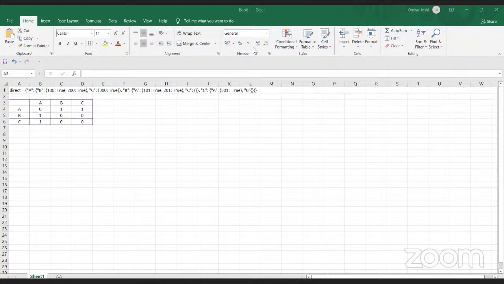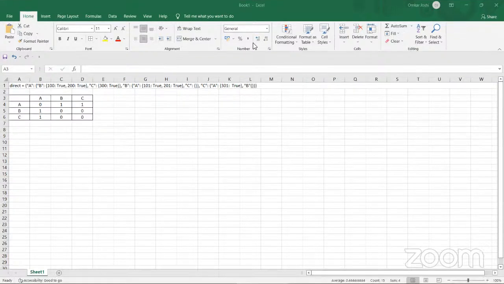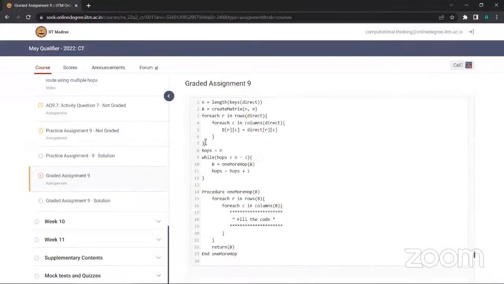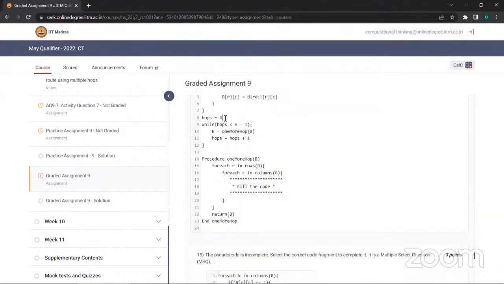Now, shall we go back to the pseudocode? So that is what I explained till this particular line. Then we declared something. Now what are we supposed to do? Earlier, we just found trains which are directly connected.